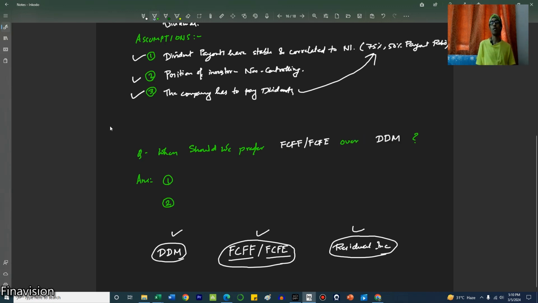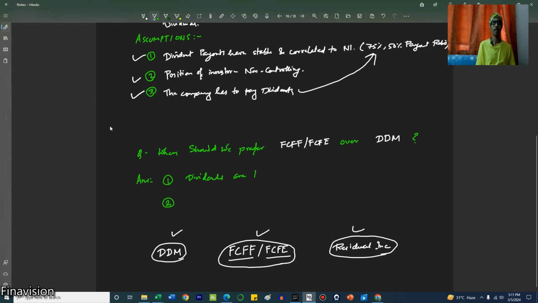Okay. Now there are certain other situations where a free cash flow model is more preferable to use. Now when should we prefer free cash flow discounting valuation model over dividend discount model? Firstly, when dividends do not bear a perfect relation with the profits.